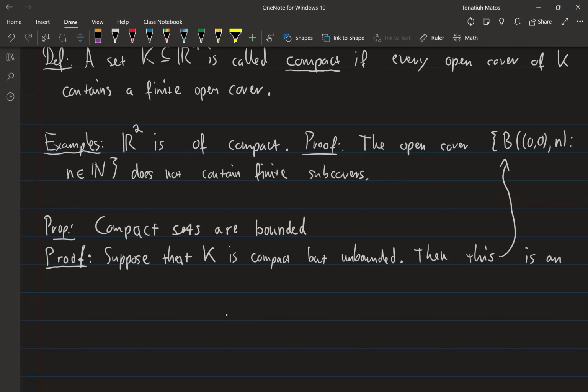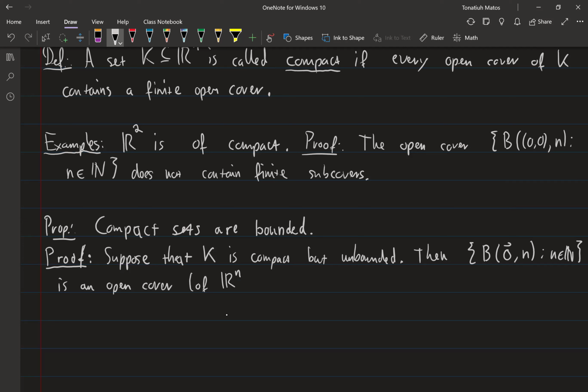Okay, let's do this proof in R2 just so that we don't have to rewrite this thing. So let's do this properly. The balls centered around the origin of arbitrary size is an open cover. It's actually an open cover of everything, right?